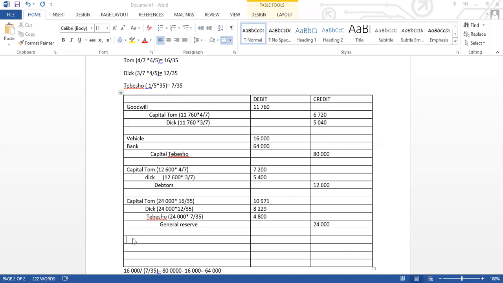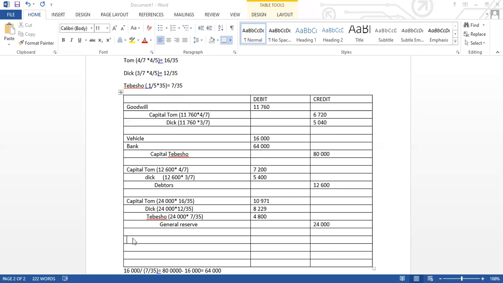We multiply the 11,760 by 5. In other words, you take the goodwill he pays, 11,760, and then you divide it by his interest of 1/5.